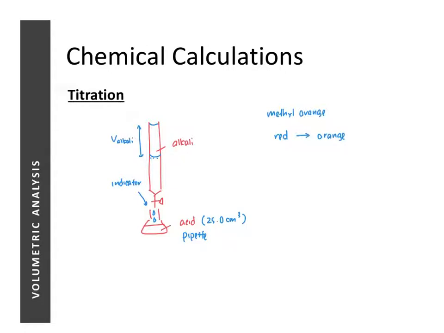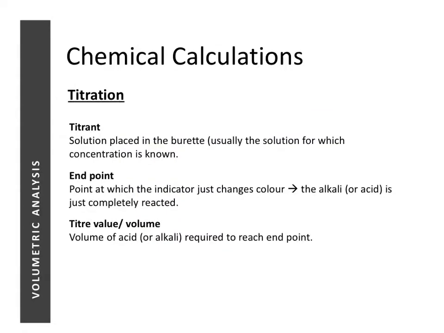Before I go on, there are a few new terms that I want to teach you. The first term is called titrant. The solution that's placed in your burette is called the titrant. The next term that we need to learn is called endpoint. The point at which your indicator changes color is called the endpoint.